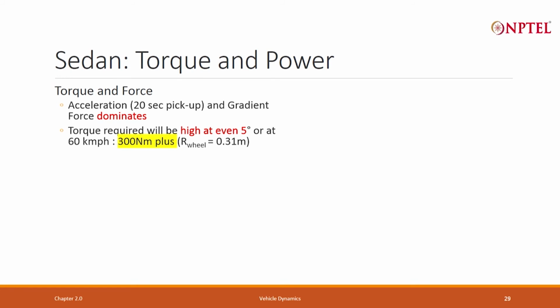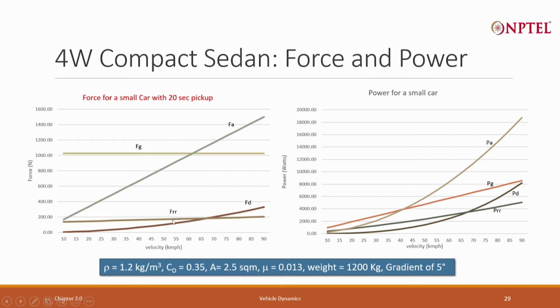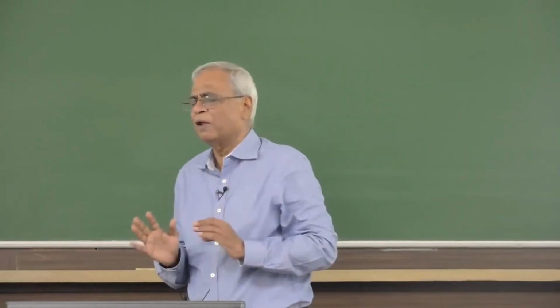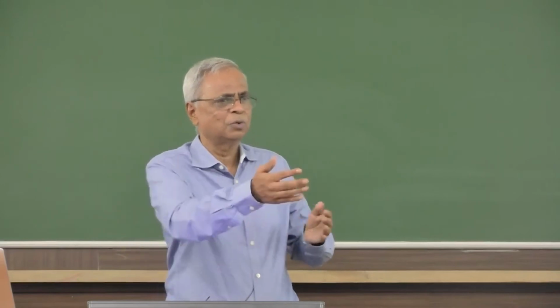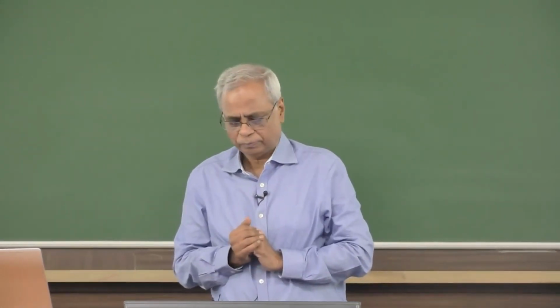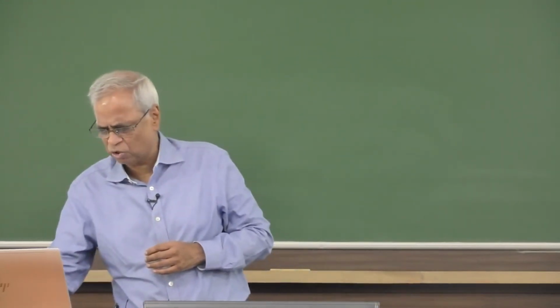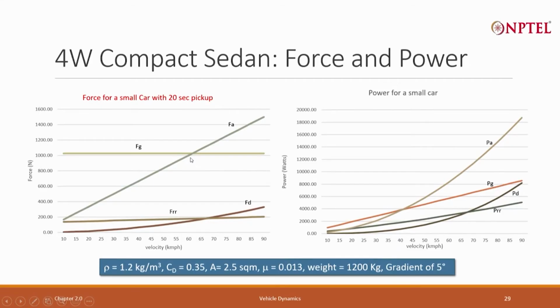Of course, you also require some force due to rolling resistance and drag, you have to add that, but it is 300. So, you may want to go to 330, 340 Newton meter. That is the kind of thing that you require, and if you choose a good gear ratio, you require only that much. That is the torque and force, and by and large at 60 kilometers per hour, that will also give you sufficient acceleration.